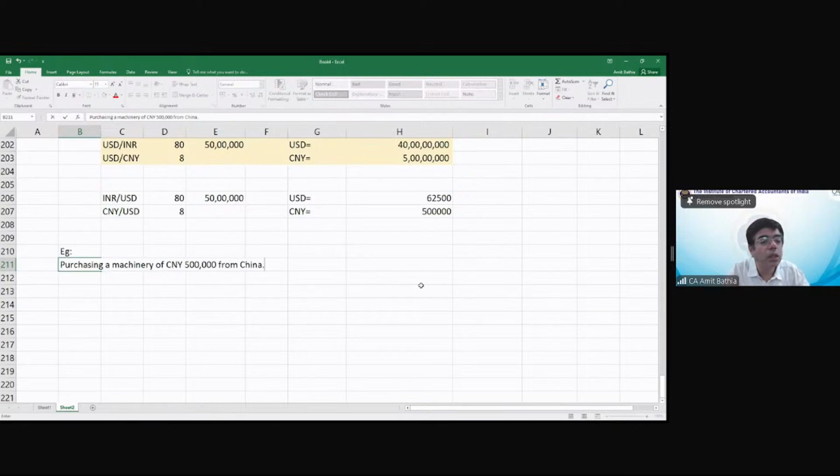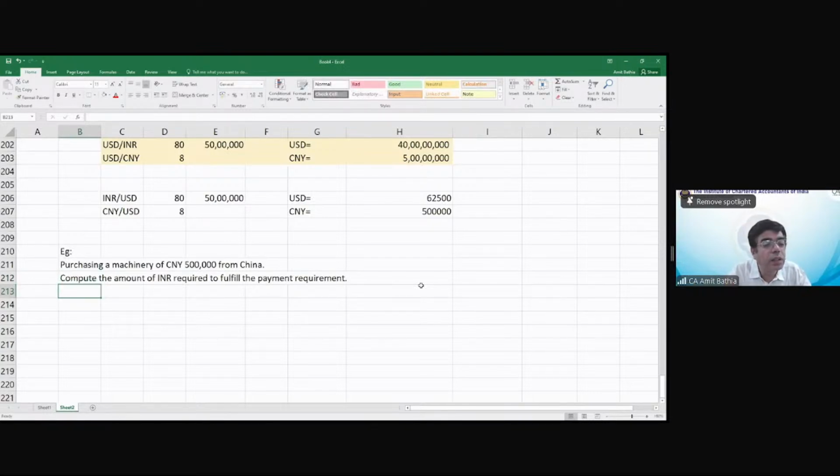Okay. Compute the amount of INR required to fulfill the payment requirement. Okay, so you have to fulfill your contract.